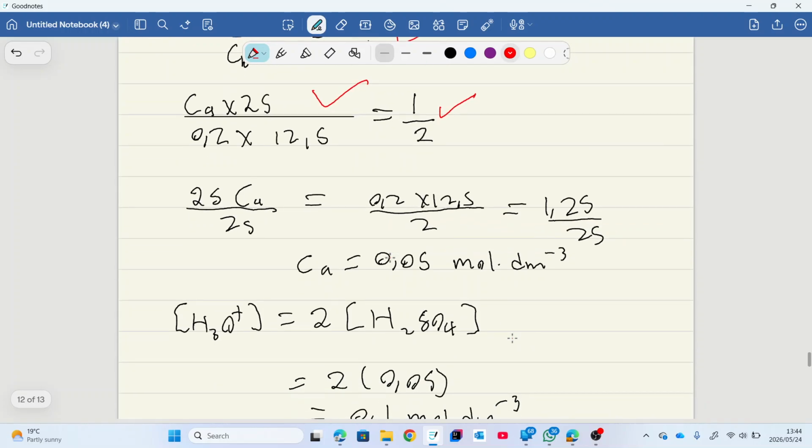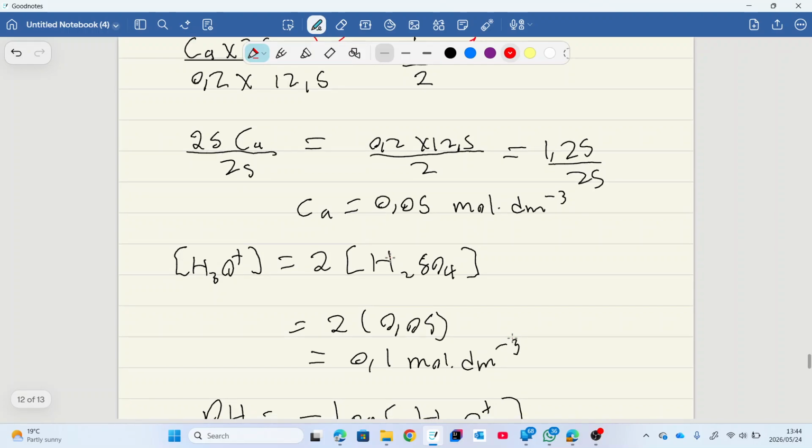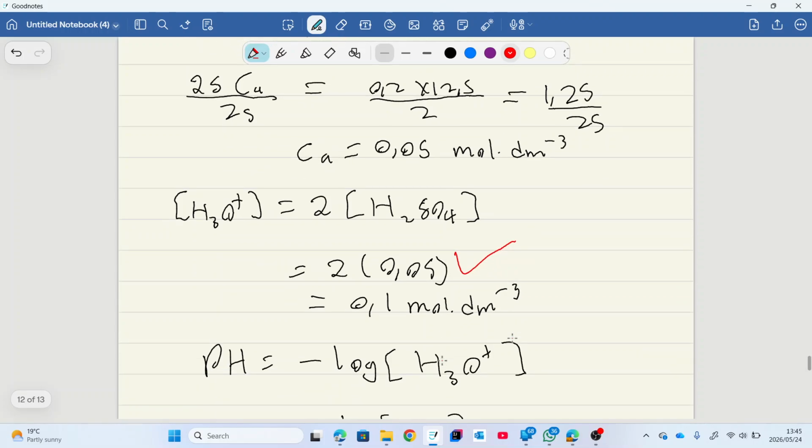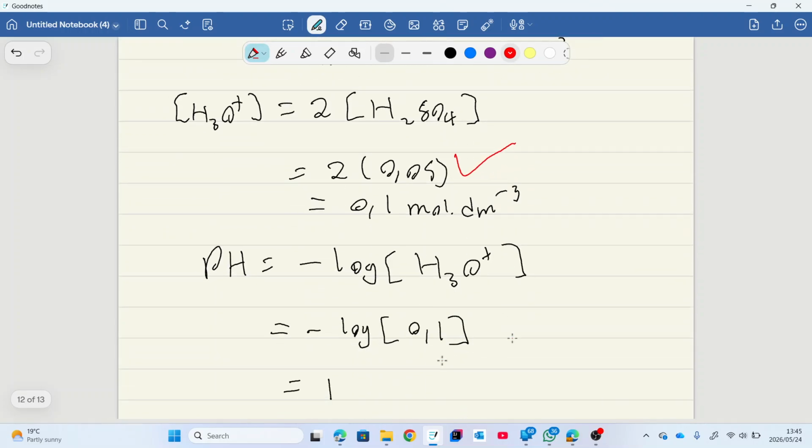This step of a diprotic acid as a whole has 1 mark. We don't know which one, so I wrote all of them, but you only need 2 out of these 3. So we've got 4. Writing the correct formula is a mark, correct substitution, and a final answer.